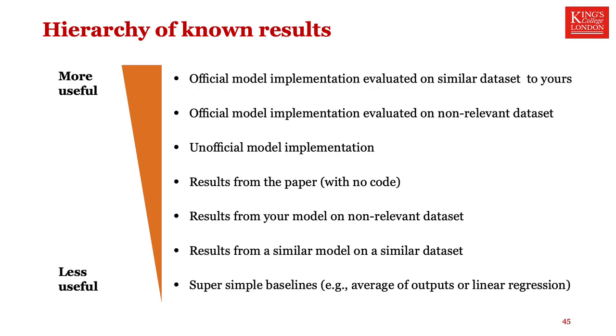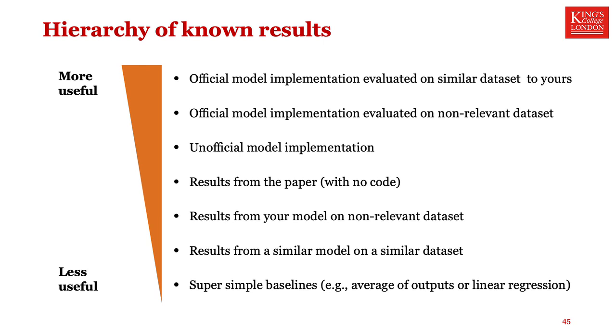You need to make sure that whatever you want to compare is not just someone's paper with no code or just a very simple baseline. You need to make sure that it is an implementation of, for example, an official model that has been implemented and evaluated on a dataset that is similar to the one that you have.